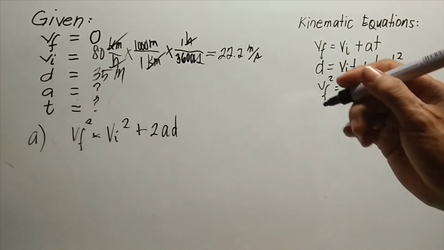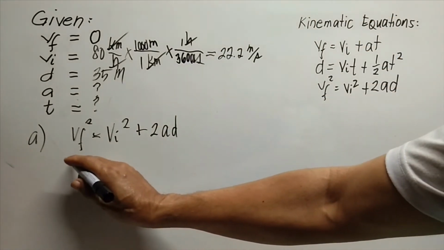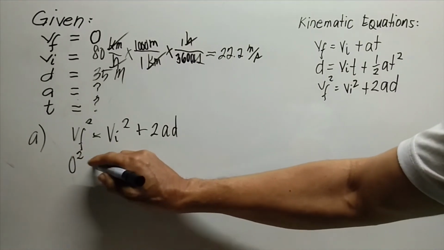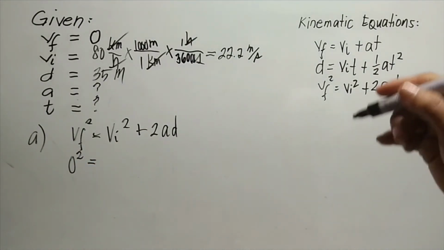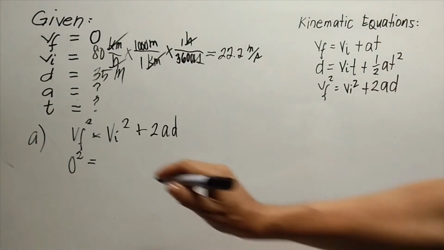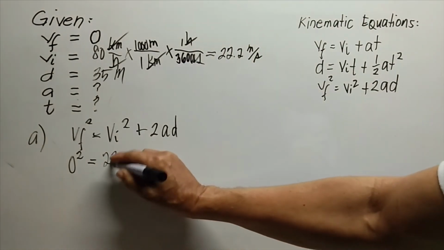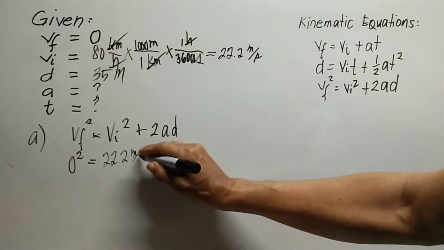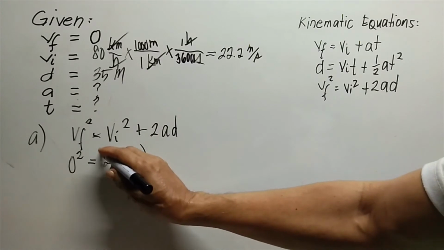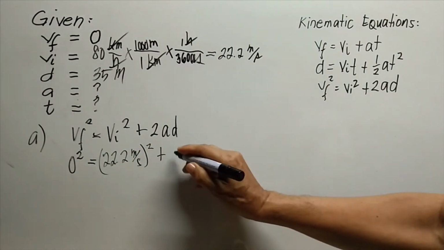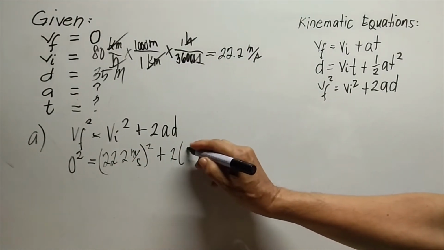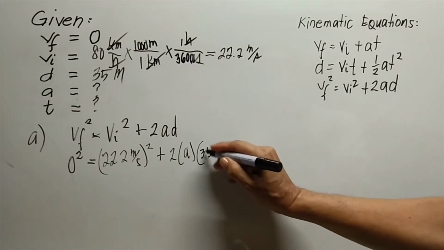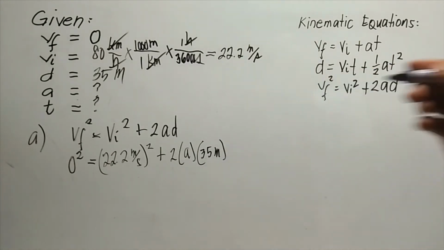So for Vf squared, or the final velocity, it's 0 squared. For the initial velocity, it's 22.2 meter per second squared plus 2 times A, the unknown, and the displacement, which is 35 meters.